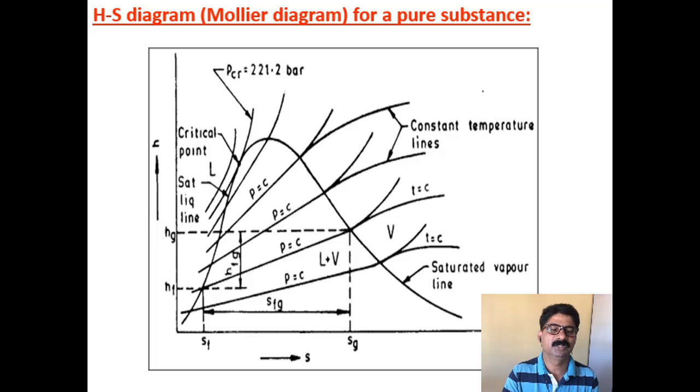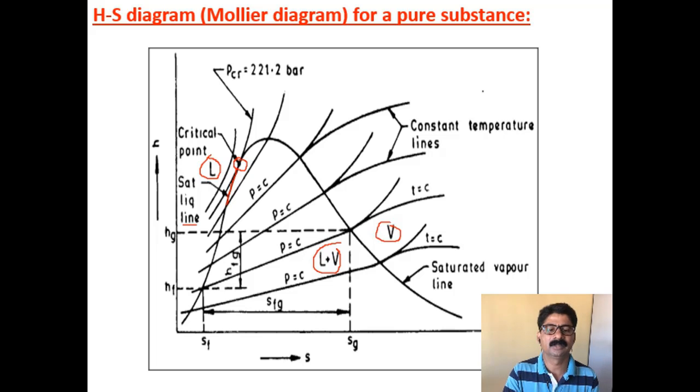Here this region, written as L, is the compressed liquid region, this is the two-phase region, and this is the vapor region. Now in the case of the HS diagram, the critical point comes around somewhere here, and this line is the saturated liquid line, as marked here.